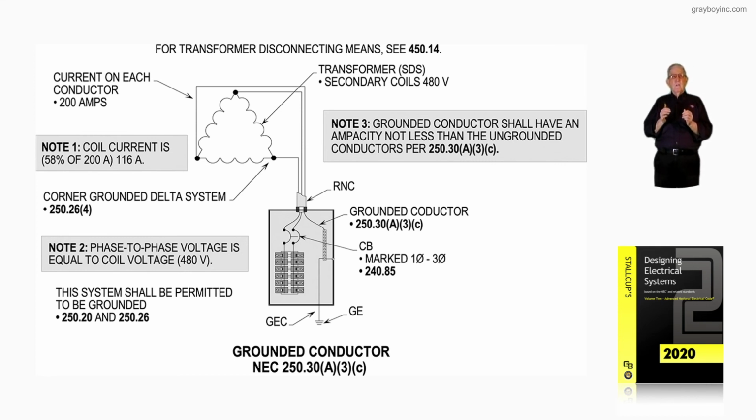And you get a very good feel for what the code is requiring. And notice when you look at 250.26, item number 4, it addresses this corner grounded system.